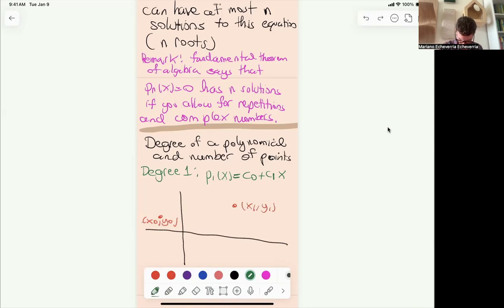Well, at least when the points don't share the same x value, which is an assumption that I'll be making throughout the entire class, because again, we want functions.